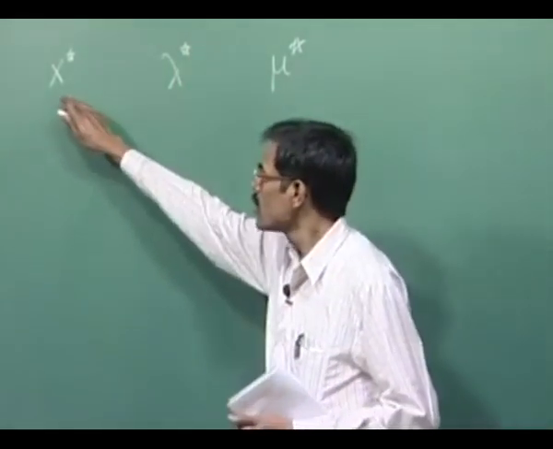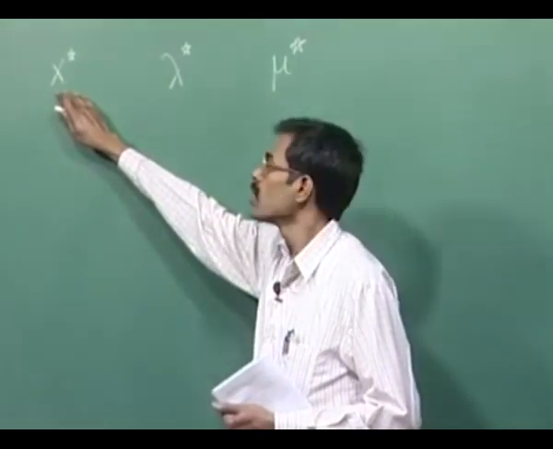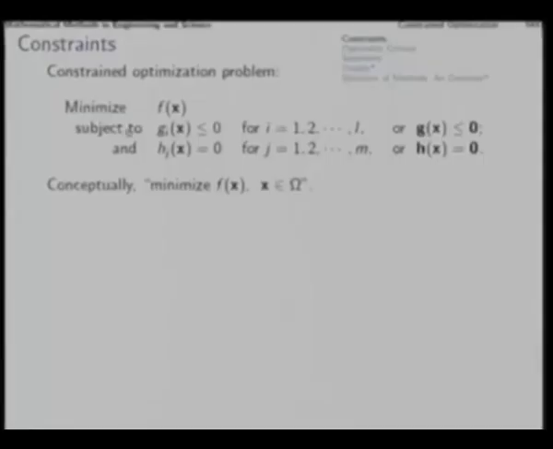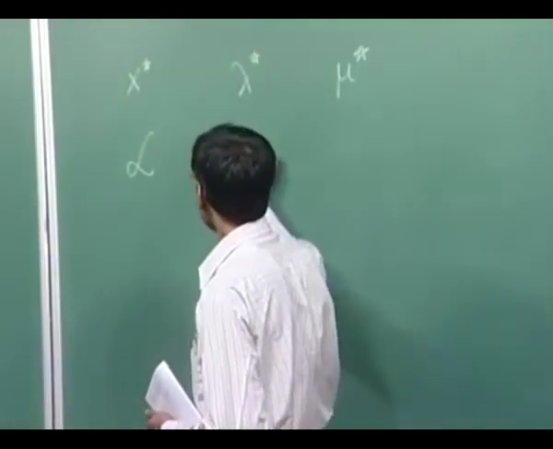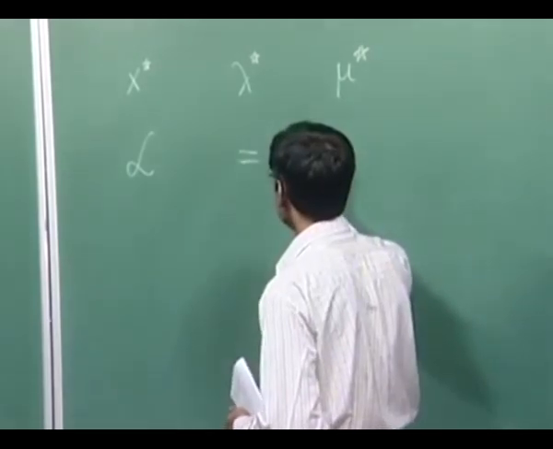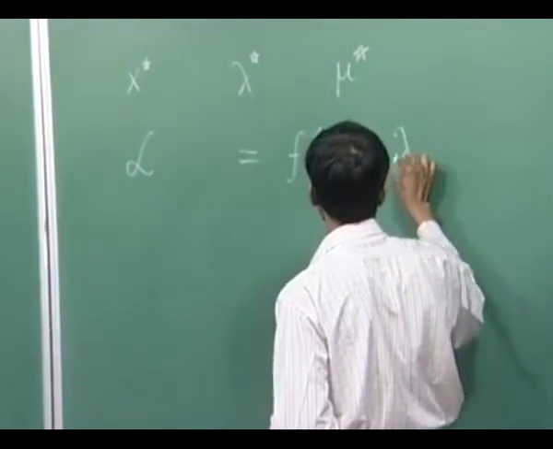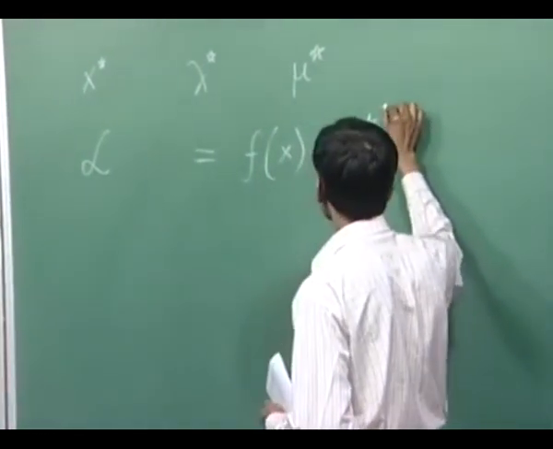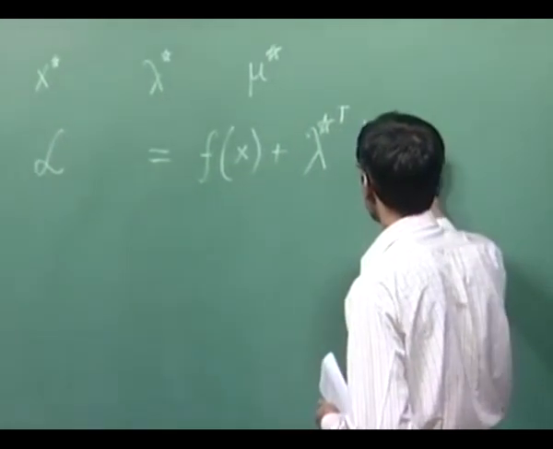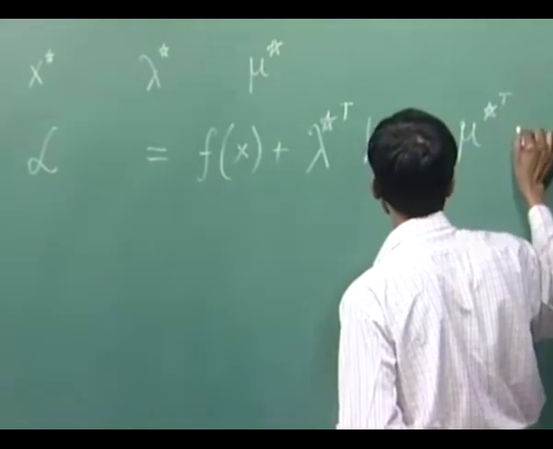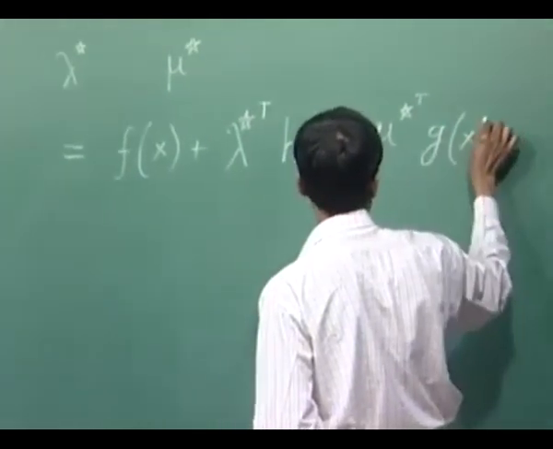Now if x star is a feasible point, which is the solution of this nonlinear constraint optimization problem, then we know that the Lagrangian of the problem at the solution can be developed as f of x plus lambda star transpose h of x plus mu star transpose g of x.